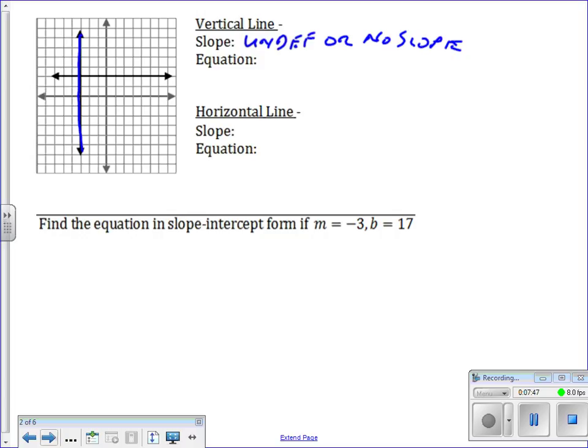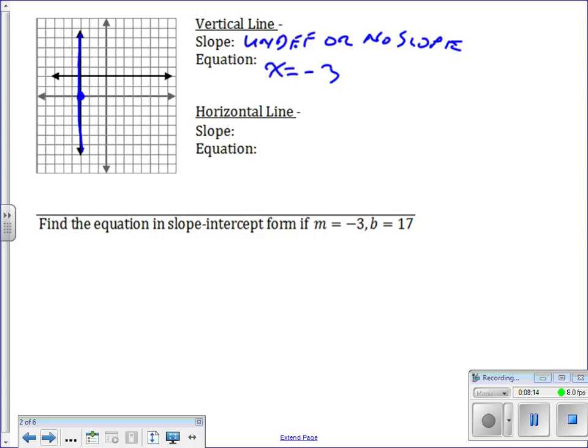It's one or the other. And the nice thing about those equations is they're always x equals. Always x equals. In this particular case, is x equals what? Where does it cross the x-axis? -3. X equals -3.